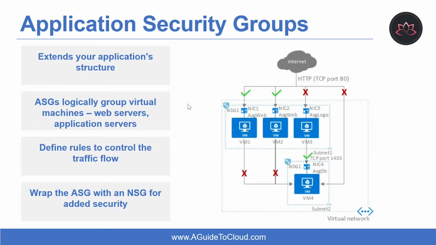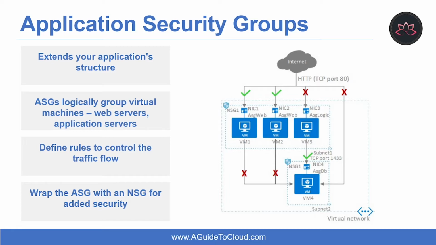So what are application security groups, or ASGs? Application security groups enable you to configure network security as a natural extension of an application structure. You then can group VMs and define network security policies based on those groups. You also can reuse your security policy at scale without manual maintenance of explicit IP addresses.